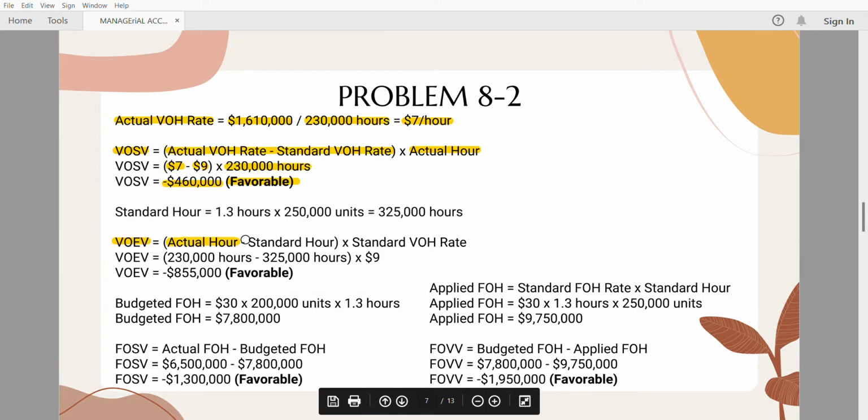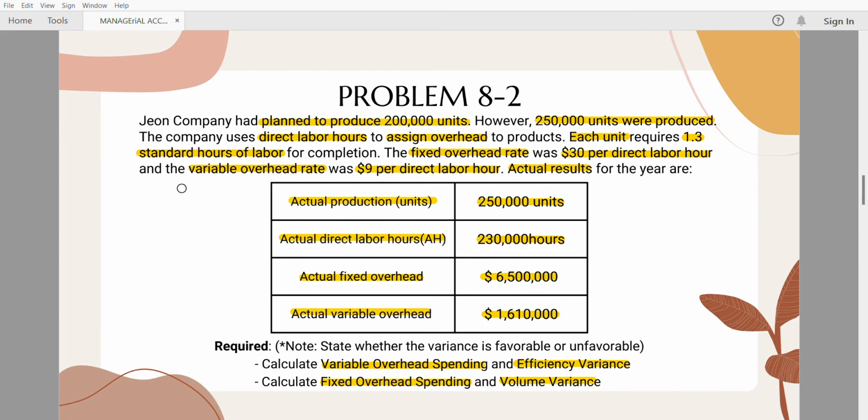Next is VOEV, or variable overhead efficiency variance. The formula is actual hour minus standard hour times the standard VOH rate. The standard rate we have ready, 9. For the actual hour we also have it ready, 230,000 hours. Meanwhile, for standard hours, go back and see that they only give us that each unit requires 1.3 standard hours.